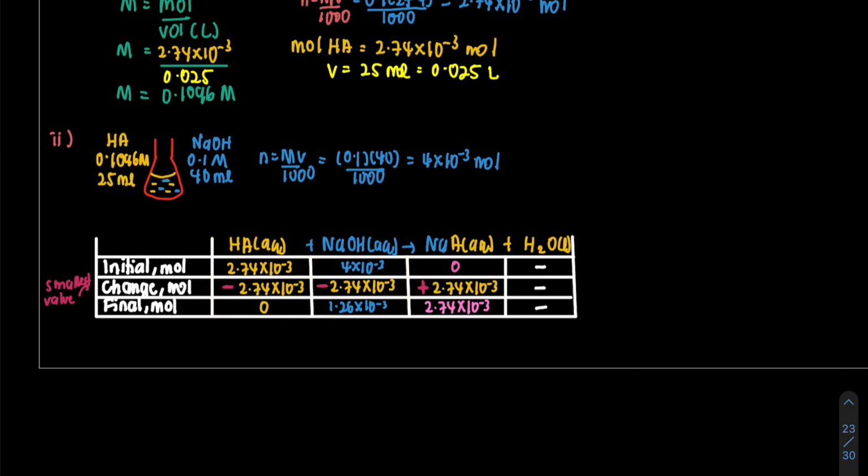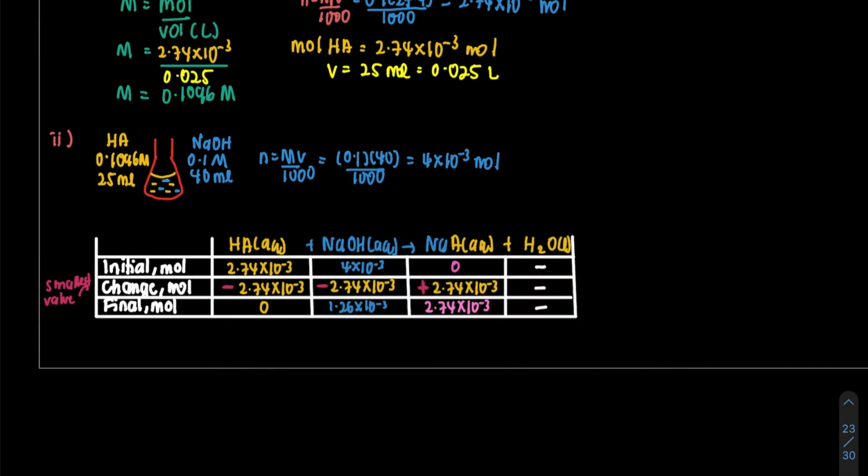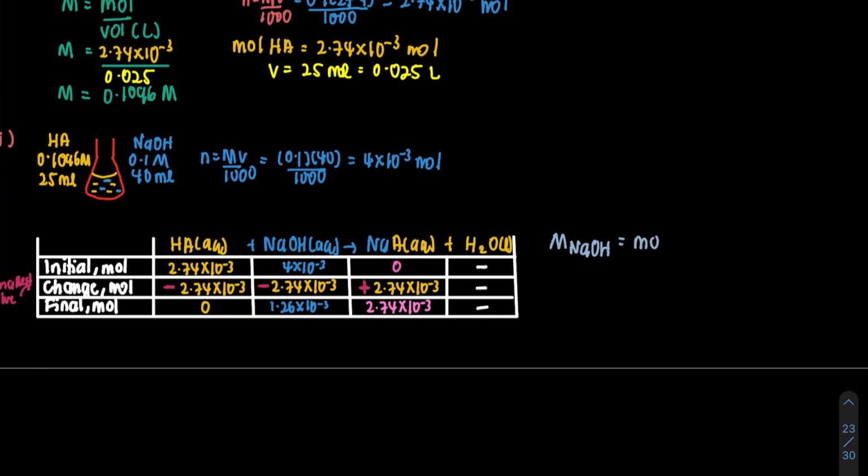So to find the new concentration, I'm just going to write it down on the side here. Molarity of NaOH is equal to mole divided by volume, which must be in liters. The mole is 1.26 exponent -3.